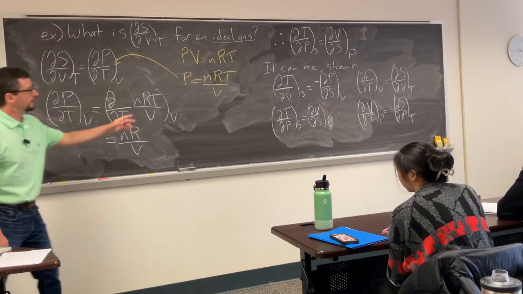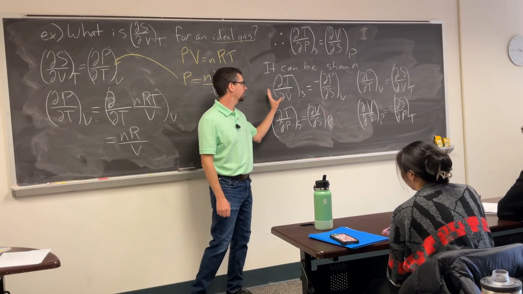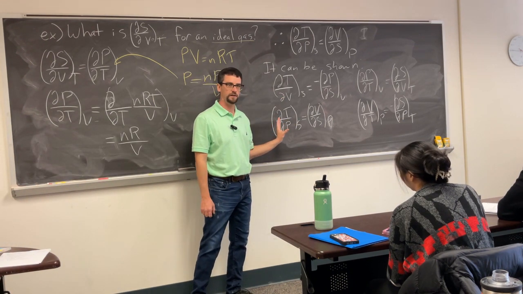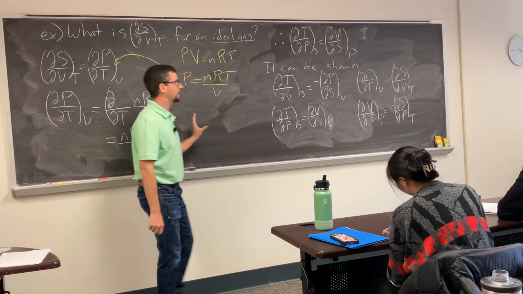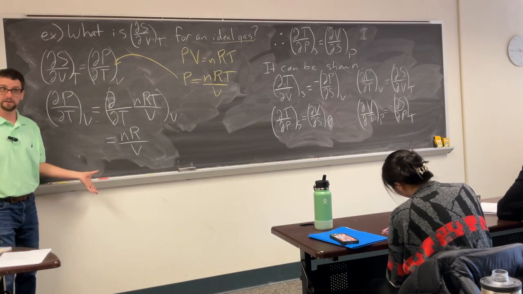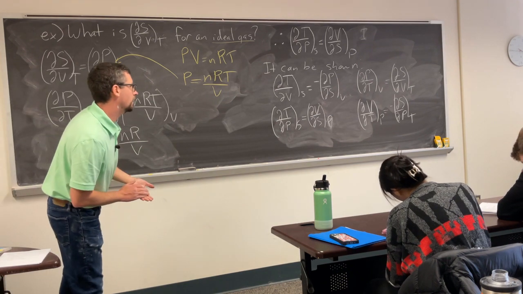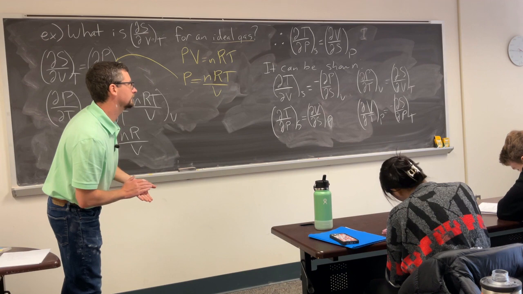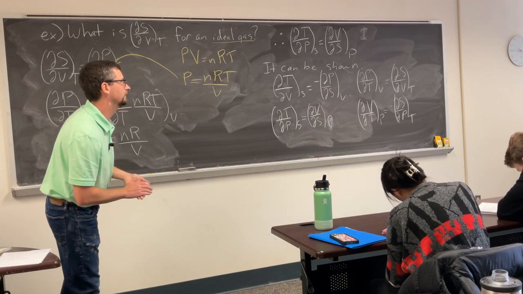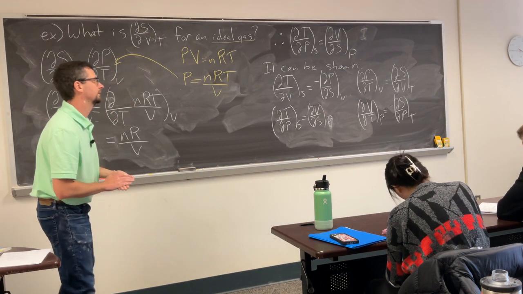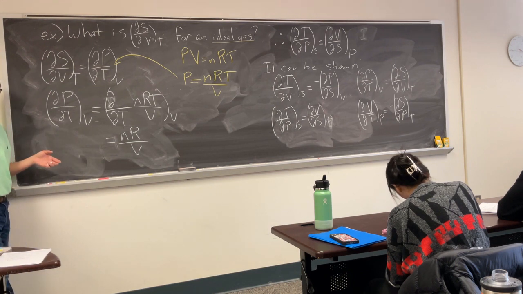So I should be able to give you any one of these relationships and ask you to apply it to an ideal gas. Okay? Might be one that's way harder than the others. Let's look. No, not really. Any questions about that one?